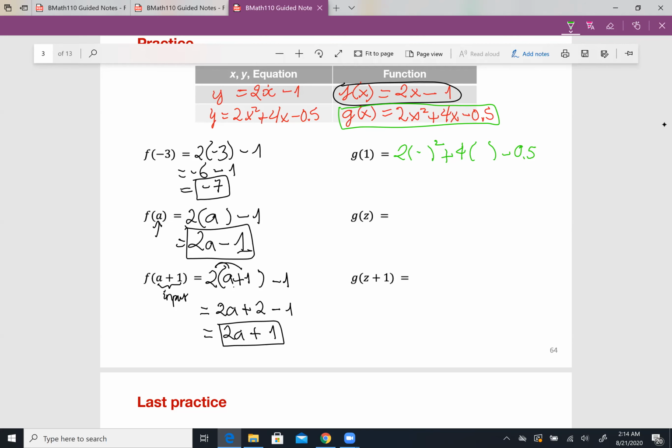Input now is 1, so I put 1 here, and I'm gonna simplify it. So 2 times 1 is 2, plus 4, minus 0.5. And you may use your calculator and get the answer as 5.5.